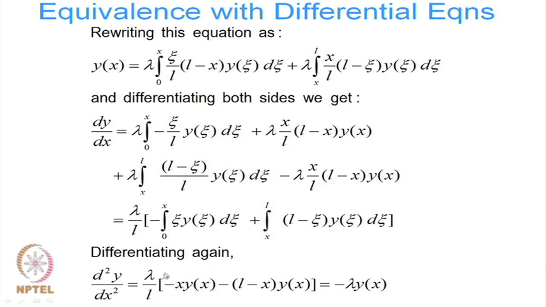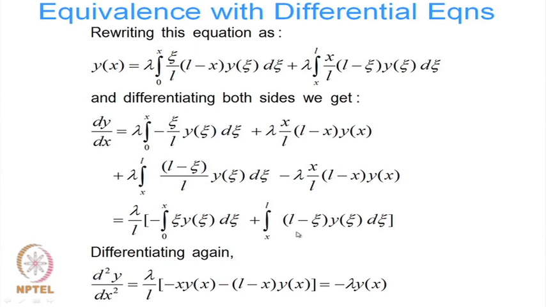And then I take the derivative of this again. I am left with lambda by L. Now if I take the derivative inside, there is no dependence on x, so inside it gives me 0, right? The only part which gives a contribution is the non-constant limit. The derivative of that gives me 1, and then I evaluate this at xi is equal to x, so minus x y of x.